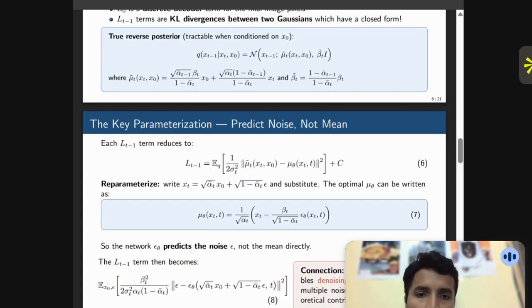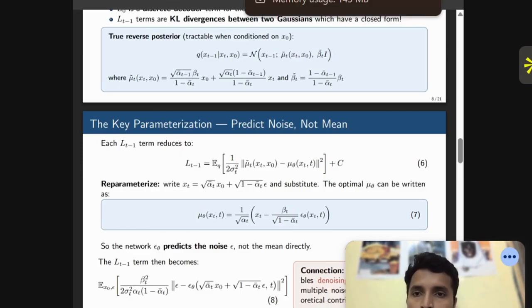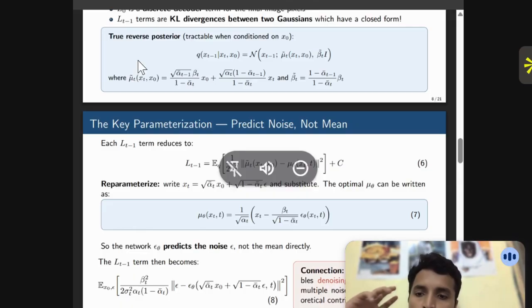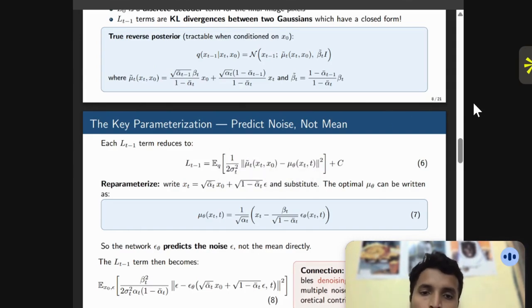So now, instead of guessing the whole image, the network has the job of guessing the noise, which is what the DDPM paper suggests: instead of trying to predict the entire image, we focus on predicting the noise, which has a much more systematic form.